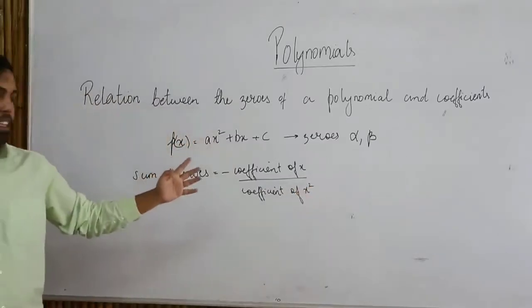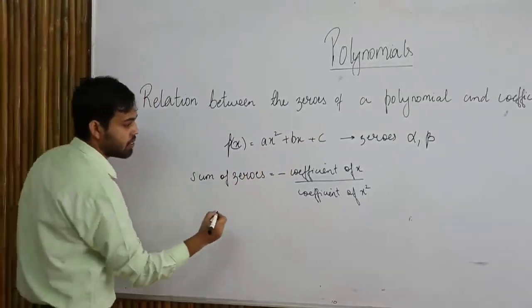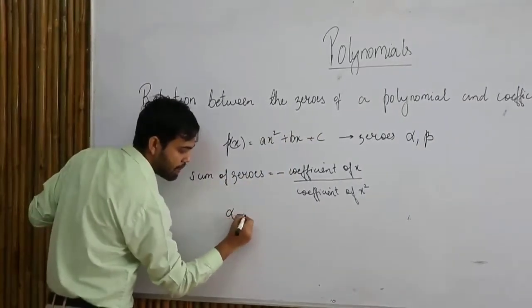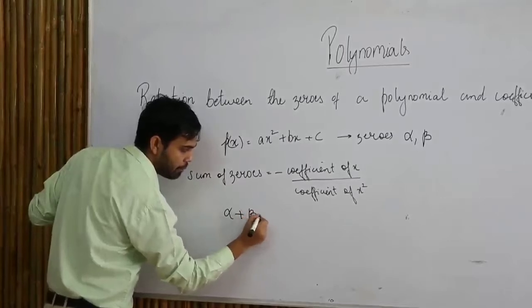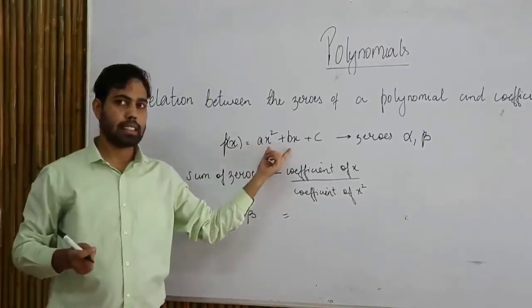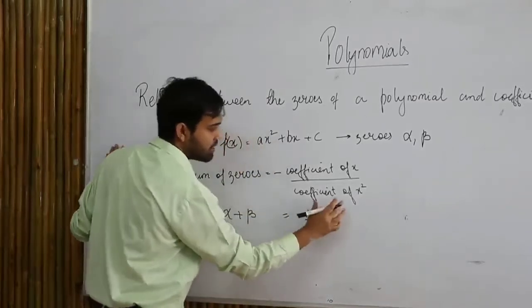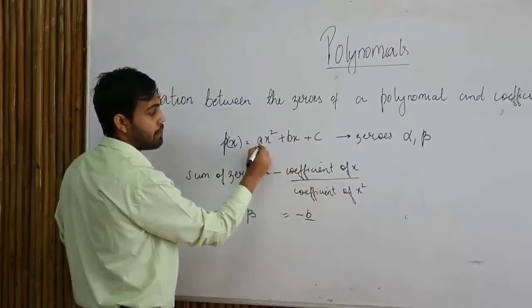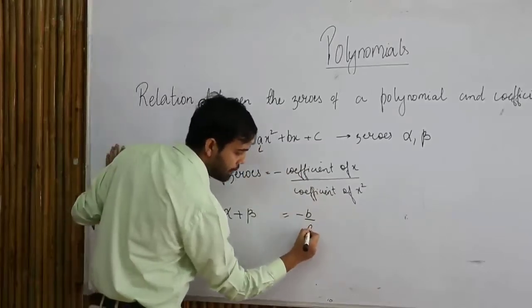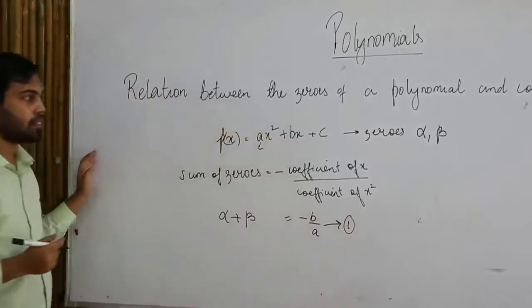This is the first relation. So what are my zeros in here? Alpha and beta. So I can also write this as alpha plus beta, equal to minus the coefficient of x, which is b, by the coefficient of x squared, which is a. So I have minus b by a. This is the first relation.